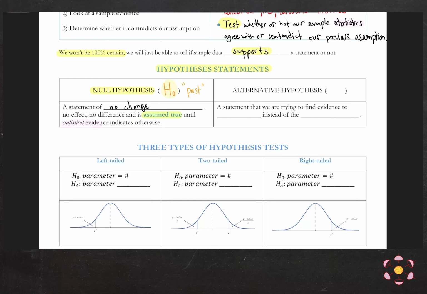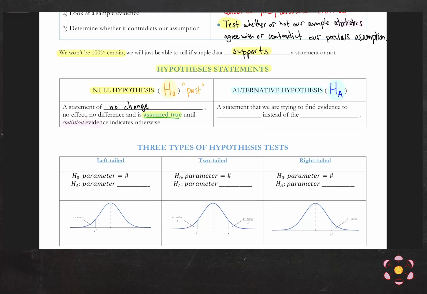Okay, next up is what's called an alternative hypothesis. Okay, the idea here is the null hypothesis is our basic assumption. Okay, basically assume what we knew from the past until we have new evidence to change our minds. The alternative hypothesis, we write that as H for hypothesis, and I like putting it as a little a for alternative.